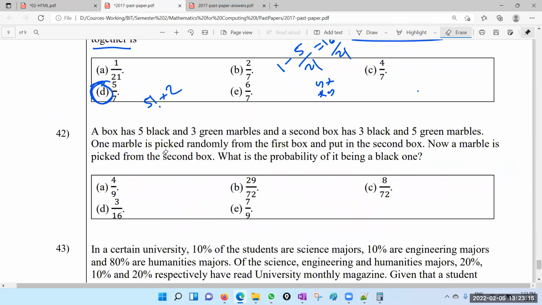Come on, let's try. Think. So these are very interesting questions.